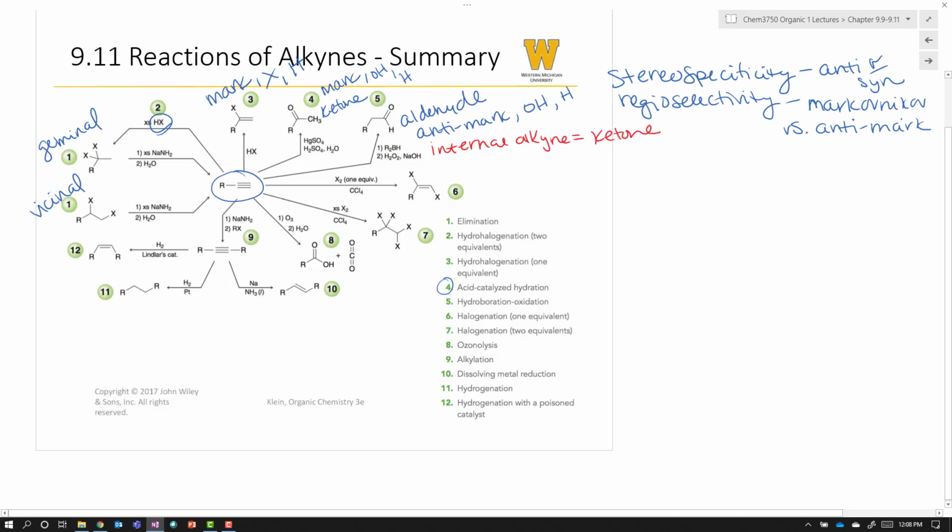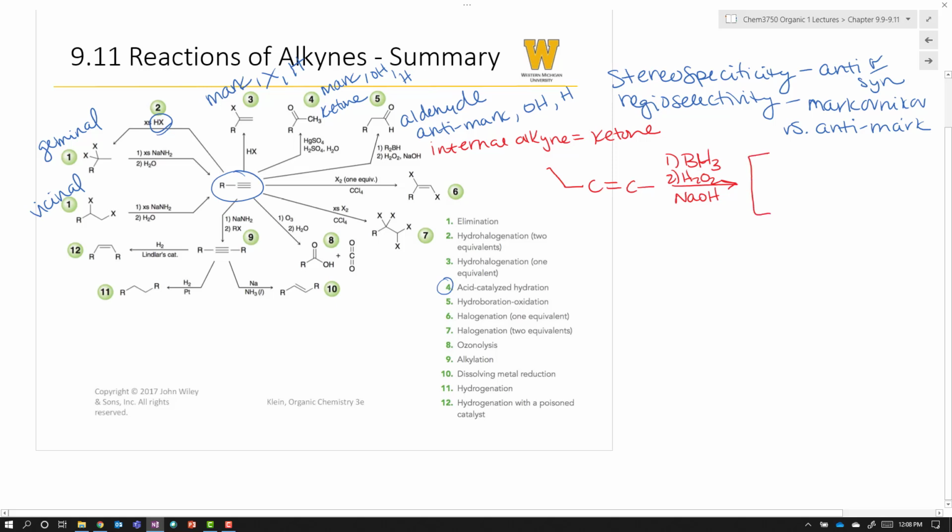So for example, say I had this internal alkyne, and I'm doing that hydroboration oxidation reaction. So I would have BH3 plus peroxide, followed by sodium hydroxide.